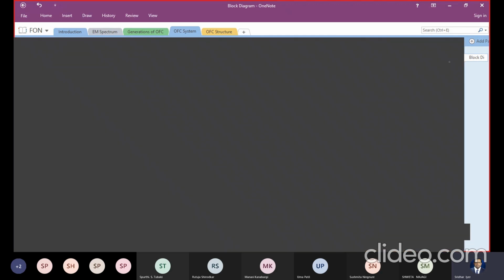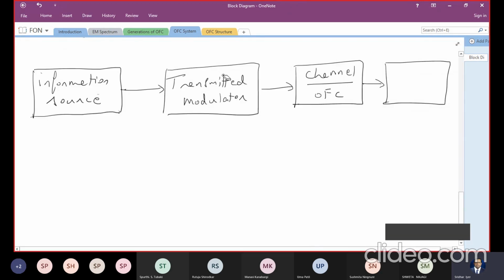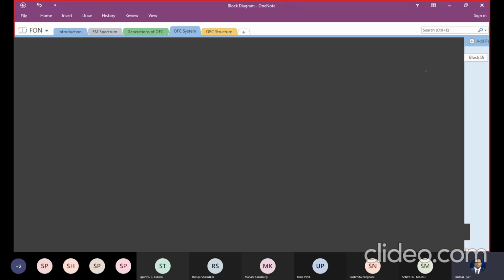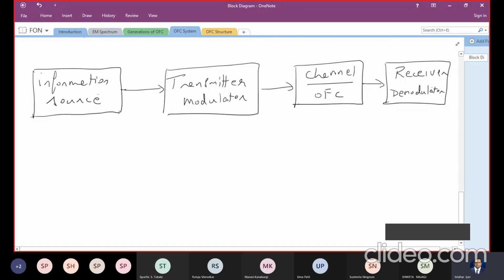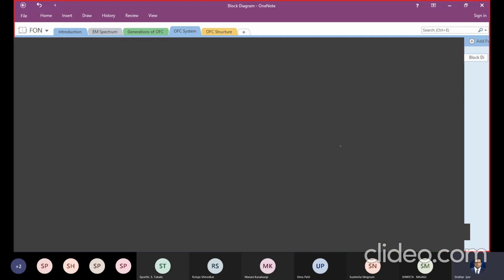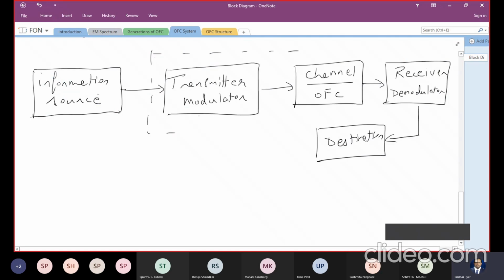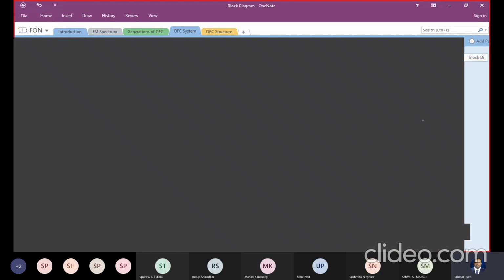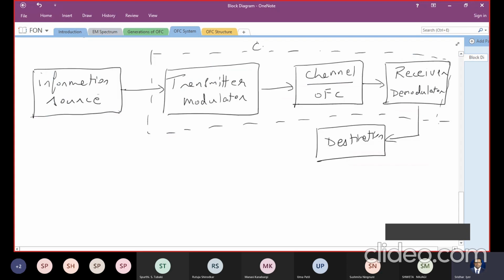This will be followed by the receiver, which will be the demodulator, and you'll have the destination. So this part here, the dotted part, basically is your communication system. This is your communication system.